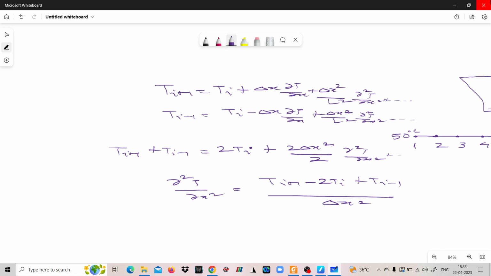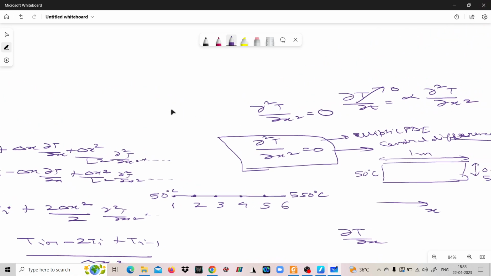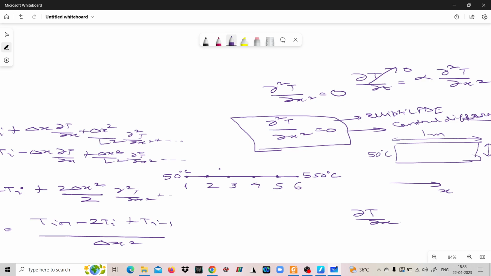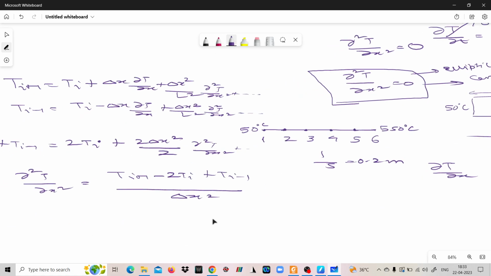Now what will be the value of Δx? See, the length of the rod is 1 meter and you have divided it into 5 equal parts. So when you have divided it into 5 equal parts, what is the value of Δx? It is 1 meter divided by 5, so basically 0.2 meter. Okay, Δx is known to you.